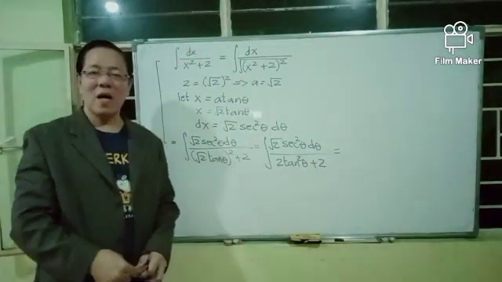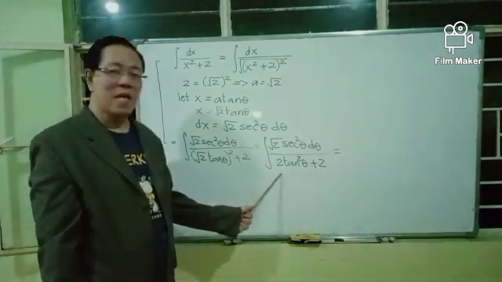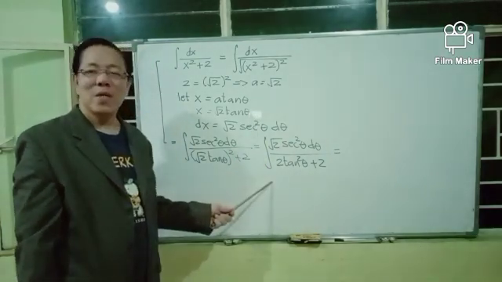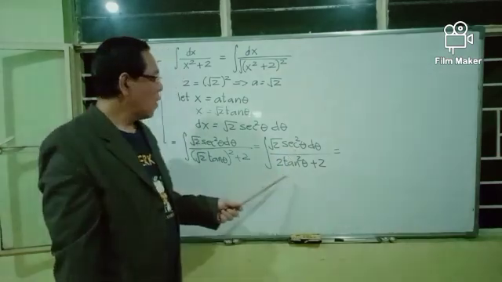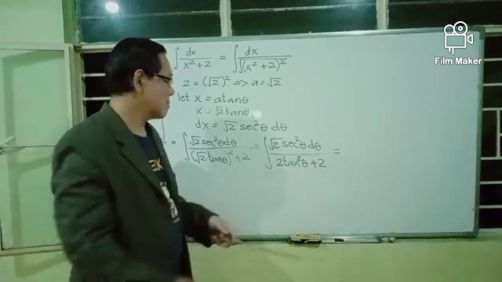And we have a common factor in the denominator, which is 2, and we factor out 2 from the denominator. And this expression is equal to the integral of square root of 2 secant squared theta d theta over 2 times quantity tangent squared theta plus 1.